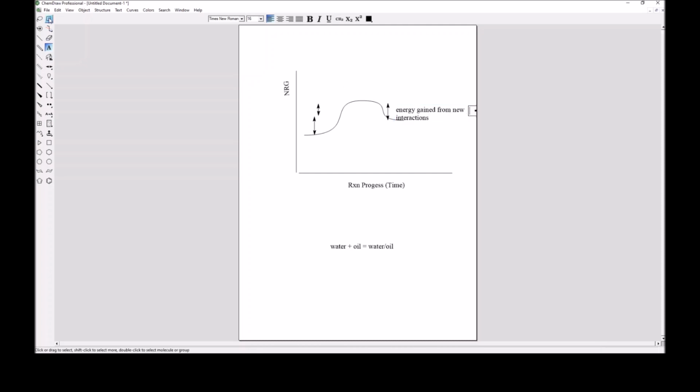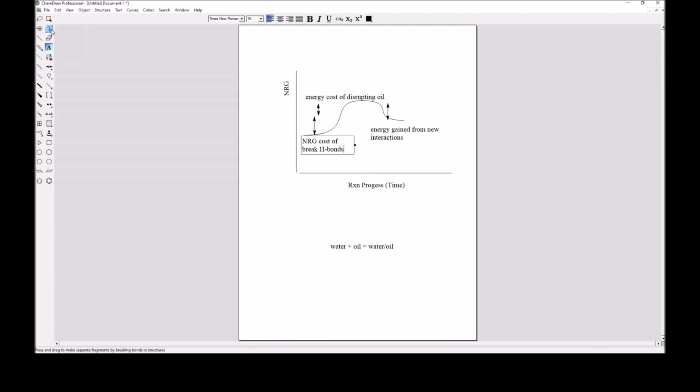We're going to complete our diagram. Over here on this side we have the energy cost of disrupting the oil, and down here, this other arrow would be the energy cost of breaking the H bonds in the water.